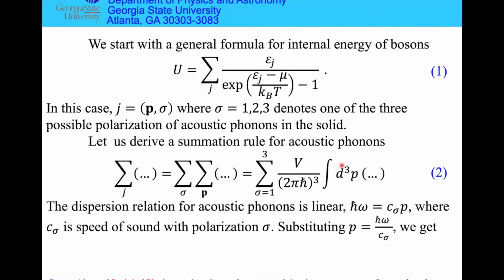And also this integration over the angle will give me 4 pi, which will cancel the 4 and pi of this 8 pi cubed h cubed. That we will get on the next page.